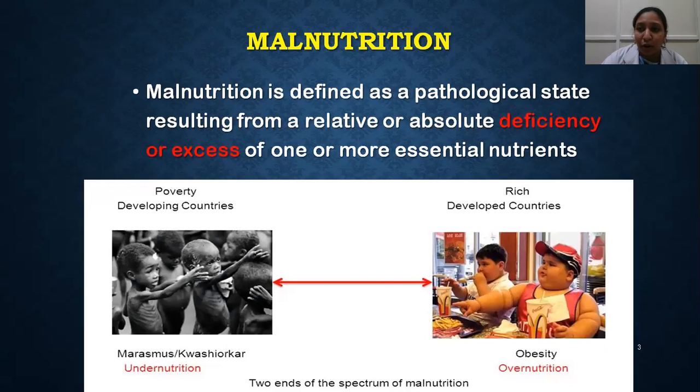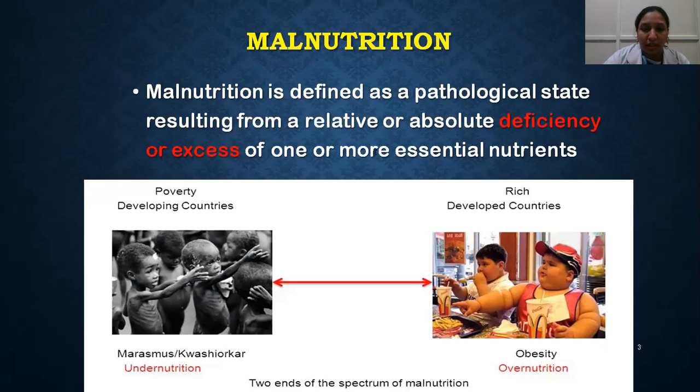At one end of this is the undernutrition, which is seen in different forms like marasmus, kwashiorkor. And the other end is the obesity, or the overnutrition, which is mainly seen in the rich and developed countries, whereas undernutrition is more prevalent in the poor, developing and underdeveloped countries.